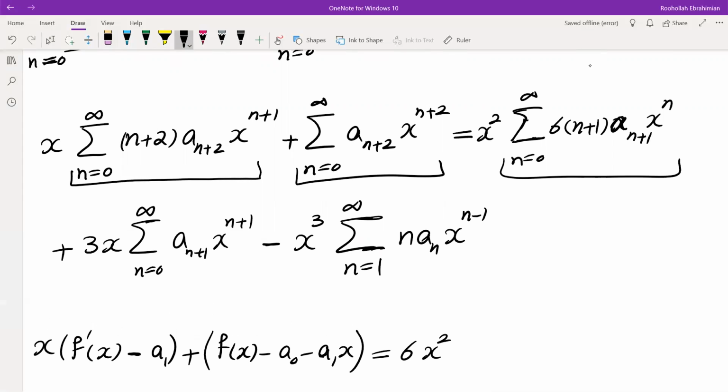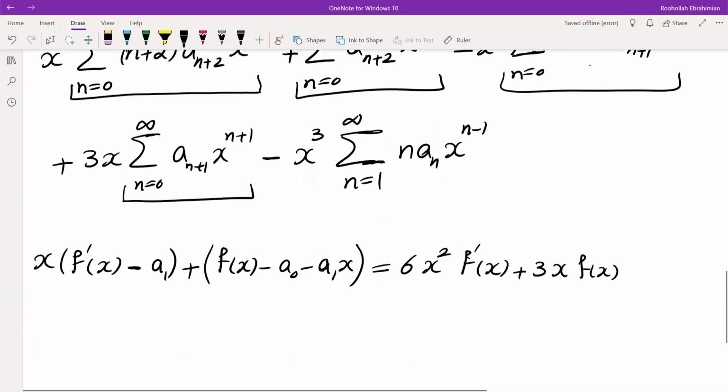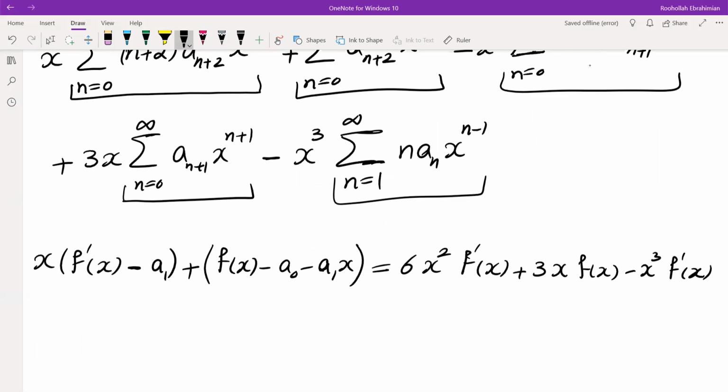The very first term is a1 x to the power of 0, which is exactly what we need in the derivative of f, plus 3x. Okay, this part is just exactly f of x minus x cubed, and this part is again exactly f prime of x. So that's so far good.